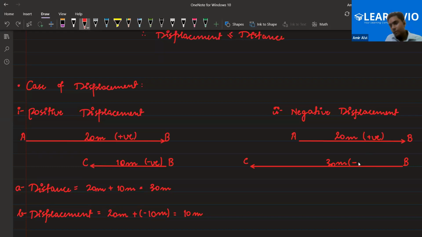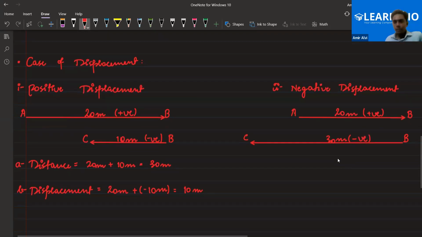Tell me the total distance going from A to B, then B to C. Tell me, children, what is the distance here? Distance will be 50.